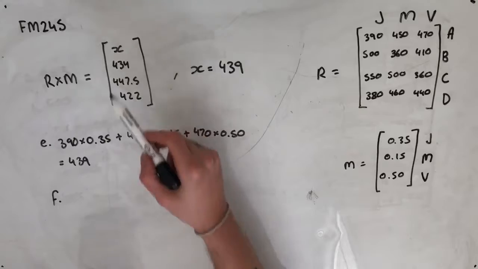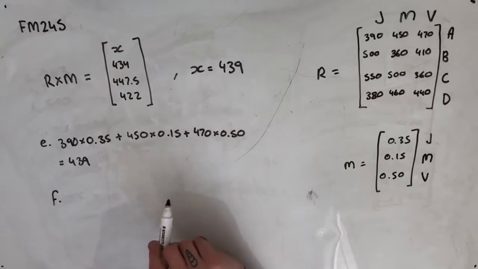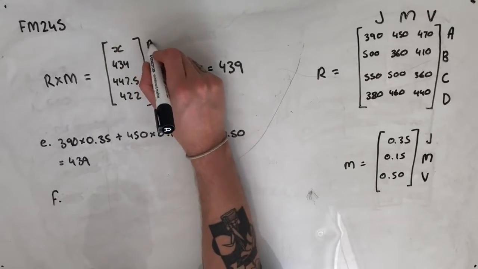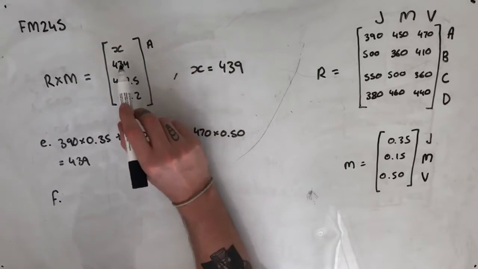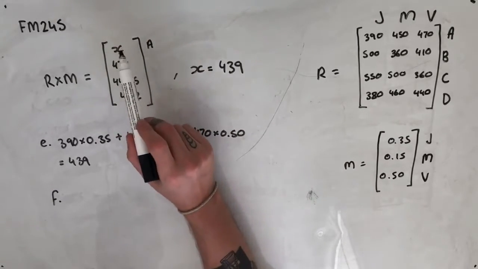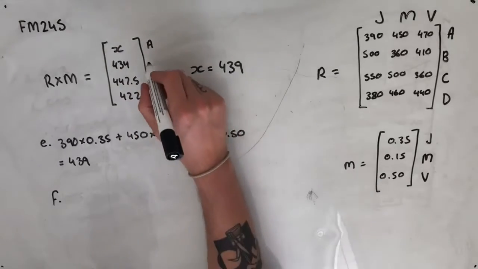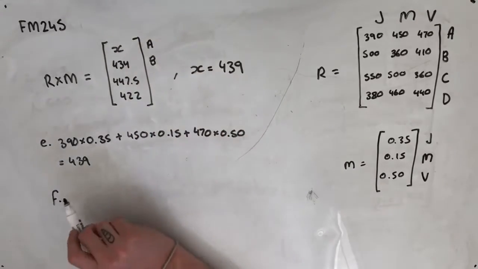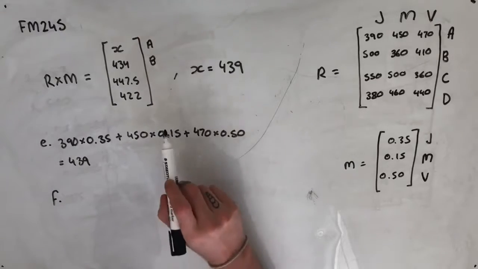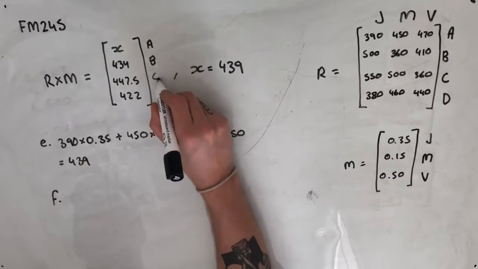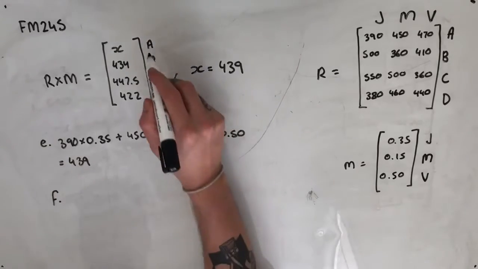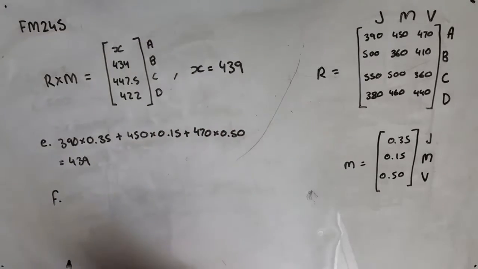So our product, once we combine these two matrices, is actually the number of Jans, Michaels, and Vincents who are happy with their names. This first element, x, which is 439, would be the number in quadrant A who were happy with their name. And then 434 would be the number in quadrant B that were happy with their name. And so on and so forth for Alpha, Beta, Charlie, and Delta.